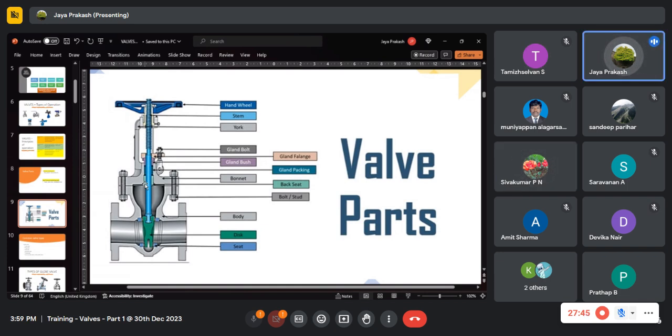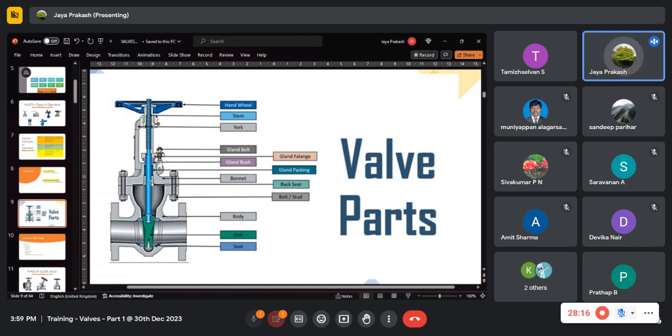The main purpose of a back seat is that you can change the gland packing even during the operation of the valve. If the back seat is there, you can change the gland packing even with the valve in operation. You can open that and change the gland packing, but there will not be any leak, because the back seat will prevent any leak.